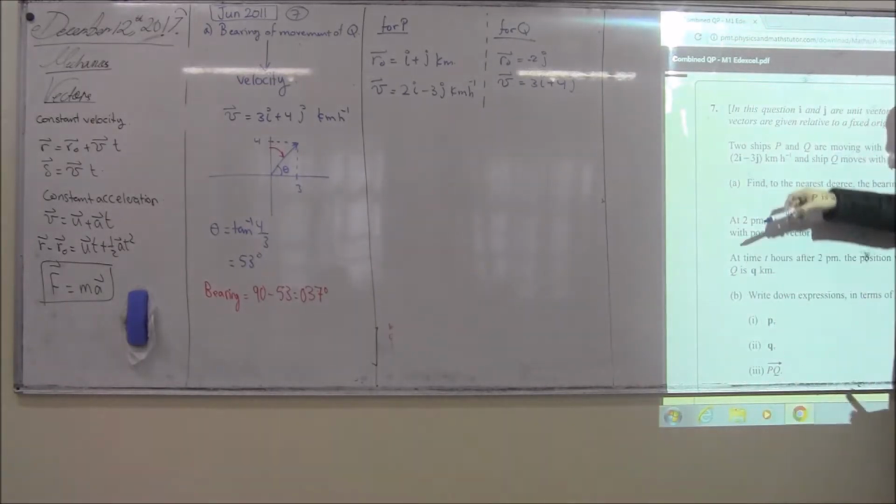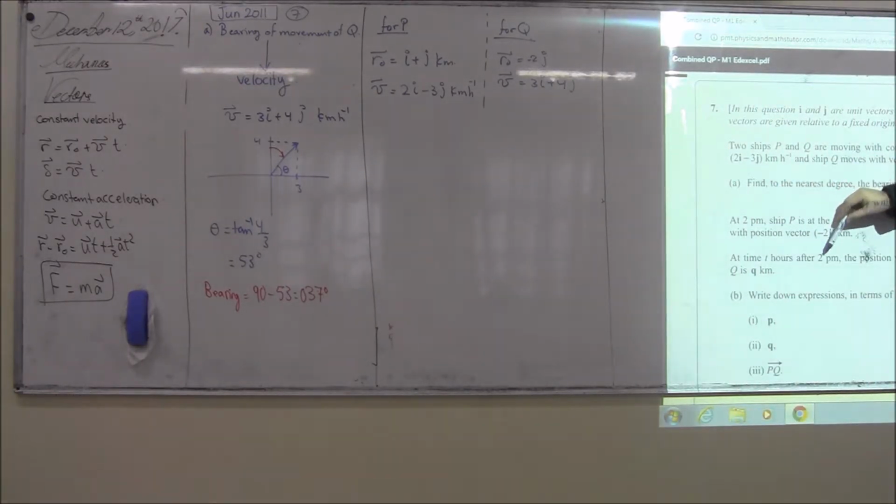Look here, please. At time t hours after 2 p.m., the position vector of P is p. What is p now?